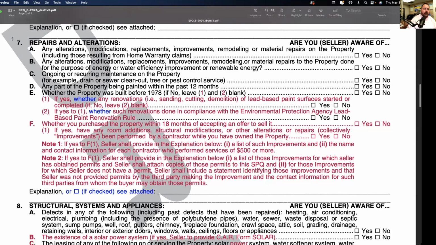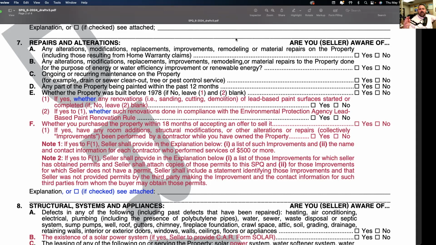Yes, Jesus, go ahead. Earlier you mentioned that we have to state how much money we spend on the repair or the remodel. However, it doesn't specify here. It's just that it was over $500 work performed. Is that correct? Yes.